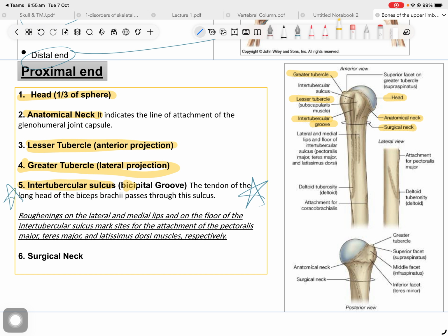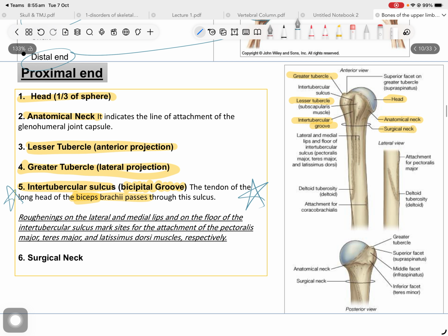Why is it the bicipital groove? Because the tendon of the biceps brachii muscle will pass along this groove, okay? When I take a cross-section and look at the characteristics of this groove, I find it like a box, okay? So it has two walls and a floor.